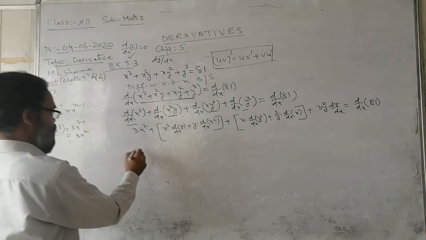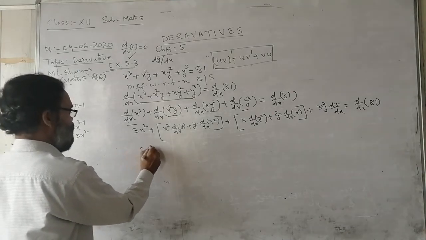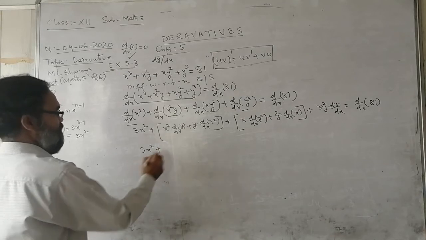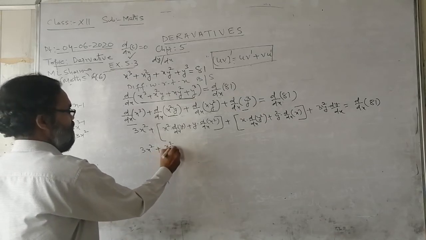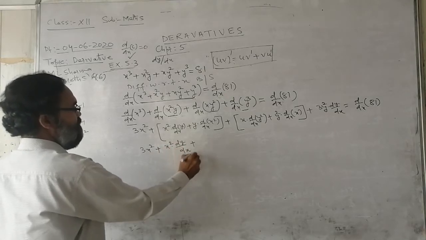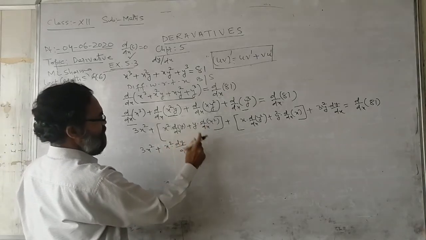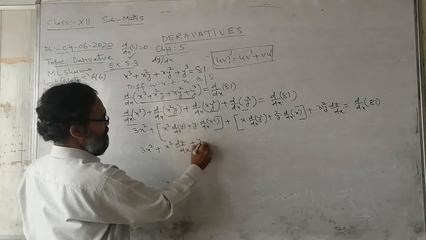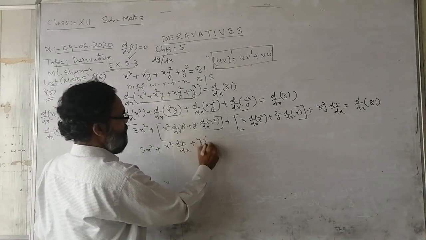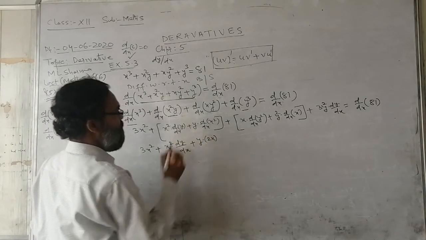So 3x square plus, here I can write x square into dy upon dx plus, for x square y, y into derivative of x square, it will be 2x.